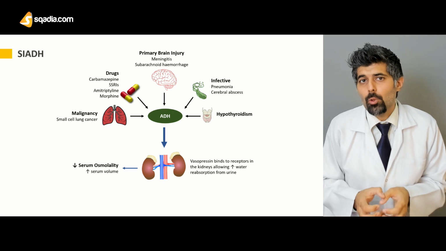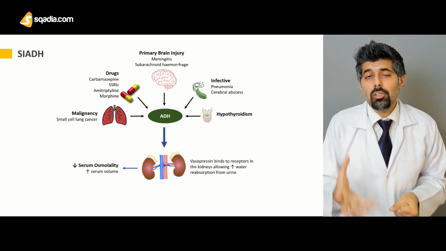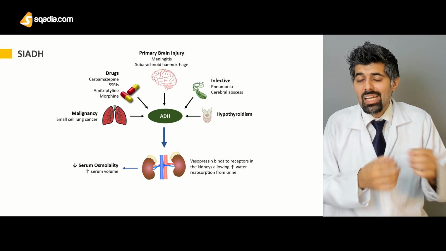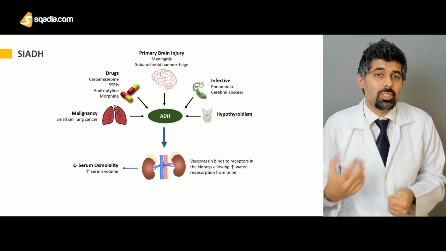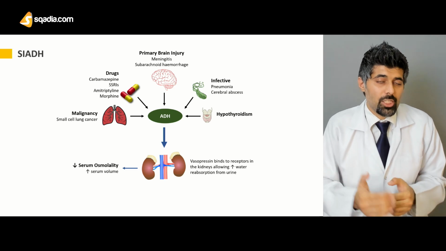And we can treat SIADH in patients by giving them a certain drug known as demeclocycline. Now, demeclocycline is an antibiotic, but it inhibits the vasopressin receptors, resulting in decreased ADH action.